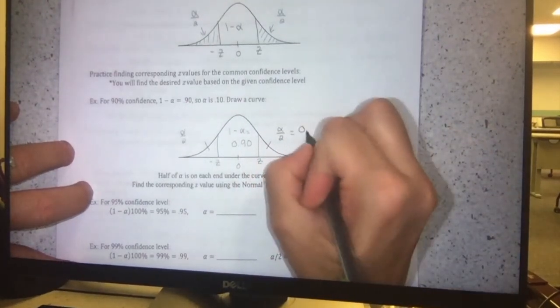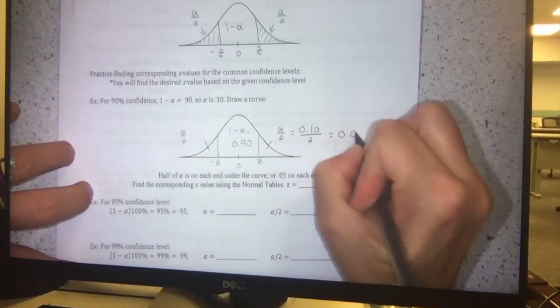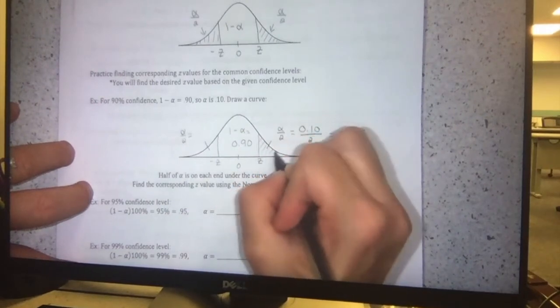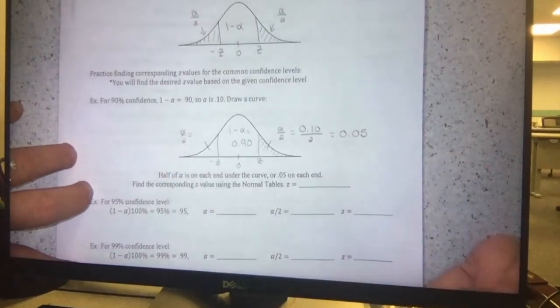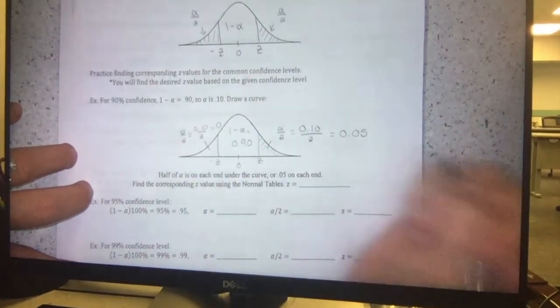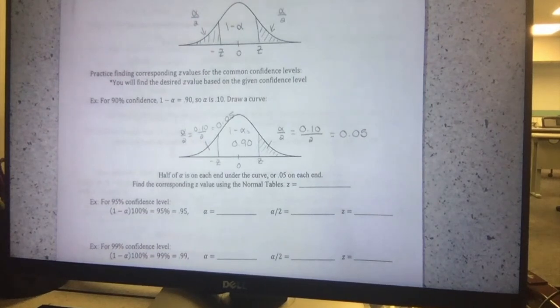So if alpha is 0.10, that's 0.10 divided by 2, which is 0.05. That's the area under the curve in the shaded region. Sorry, 0.05, yes, sorry.